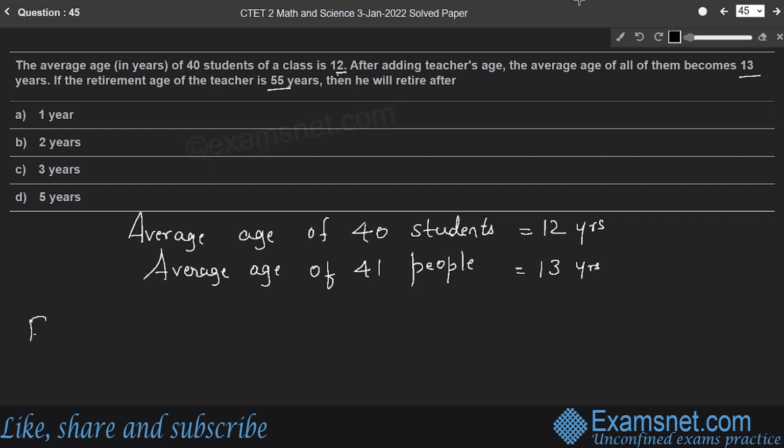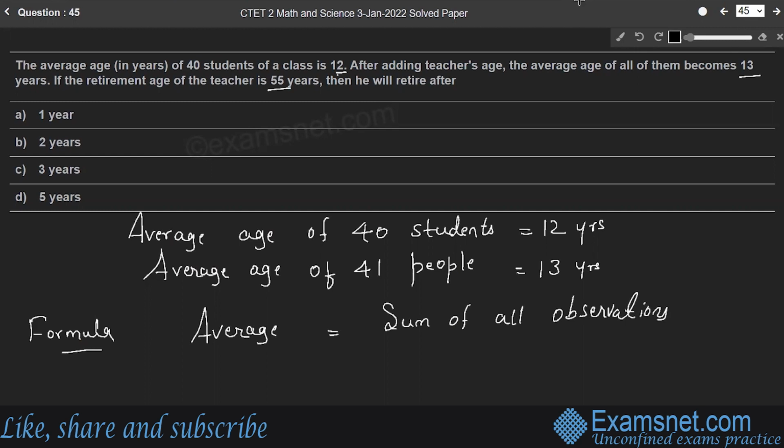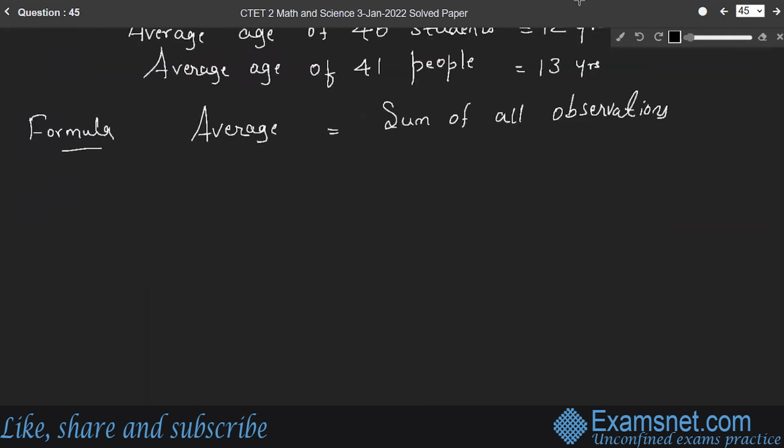So here the formula used is average is equal to the sum of all observations divided by the number of observations.